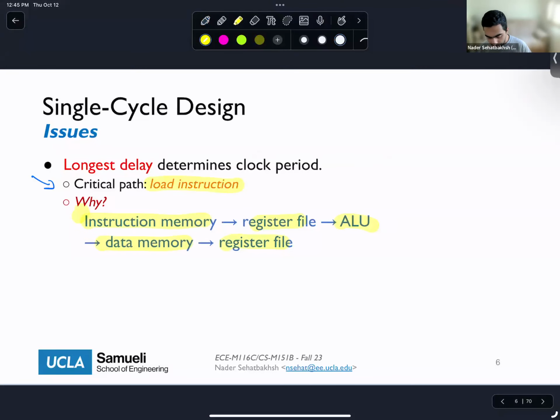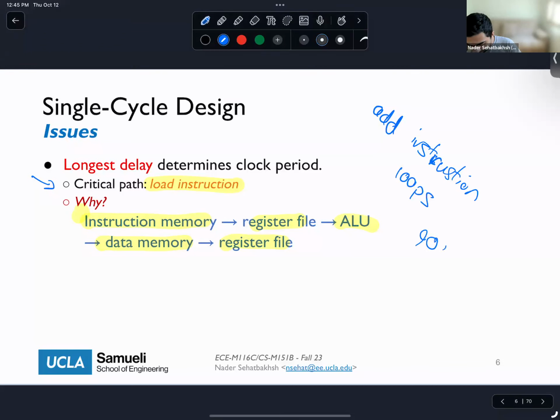So we are saying that my add instruction, for example, could have finished in, let's say, 100 picoseconds, but my load instruction needs 900 picoseconds, okay? And what I'm telling you now is that everybody has to pay this penalty.